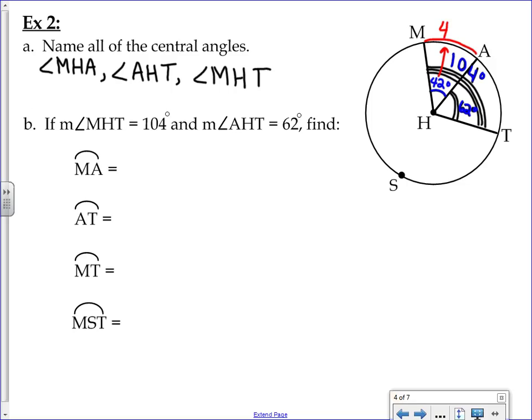So this arc is 42 degrees as well. All right, well, let's take a look at the next minor arc, which is AT. It's going to correspond with central angle AHT, which was 62 degrees.